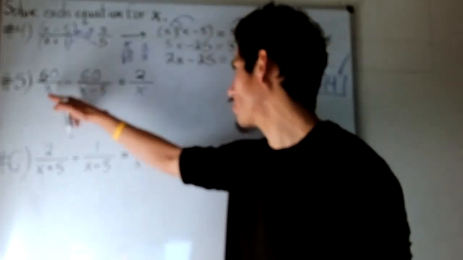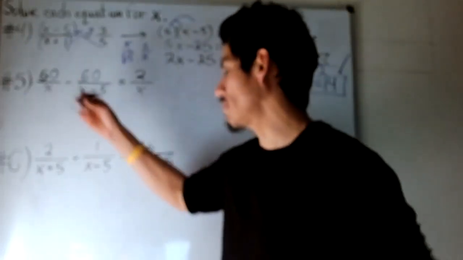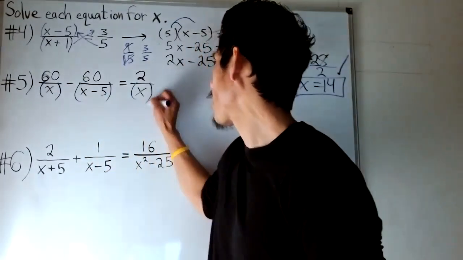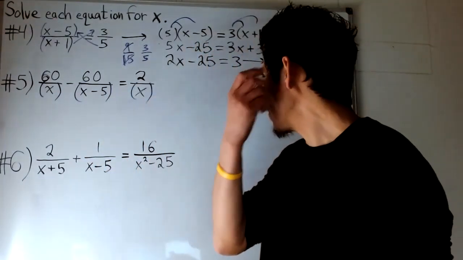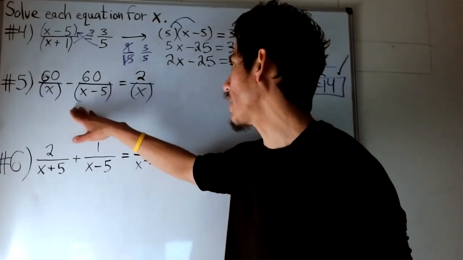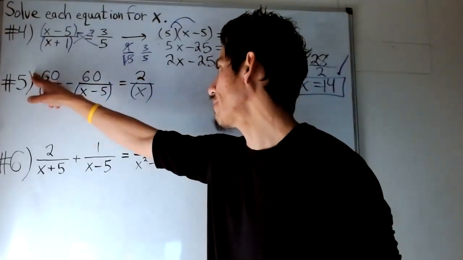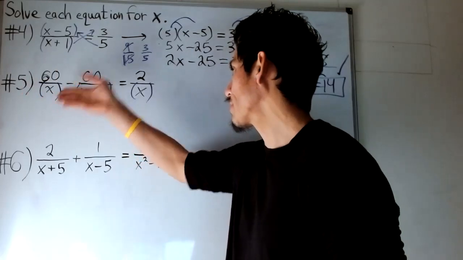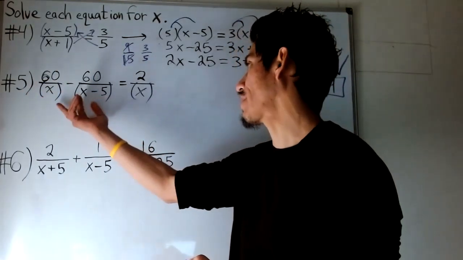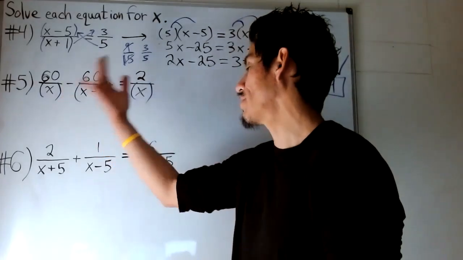Okay, so here we have the denominators of x and x minus 5. So what we want to do is essentially multiply all the tops by x minus 5 and by x. That way they can all eliminate. Technically, it's just like trying to get the same denominators, but they will cancel out.